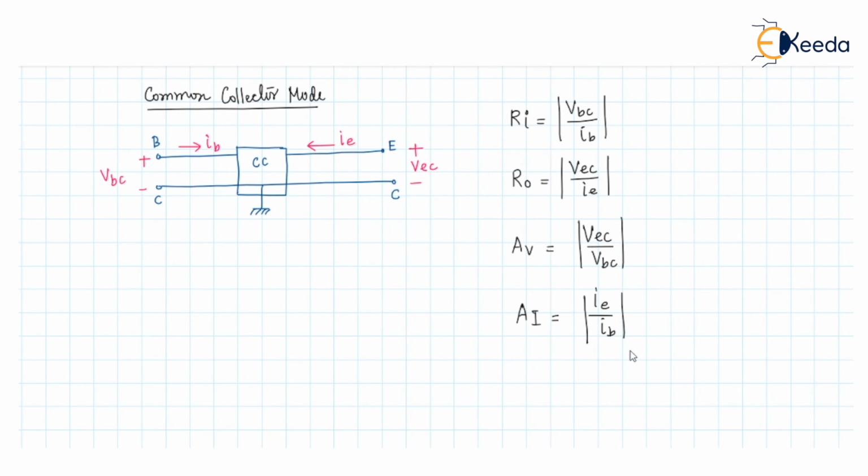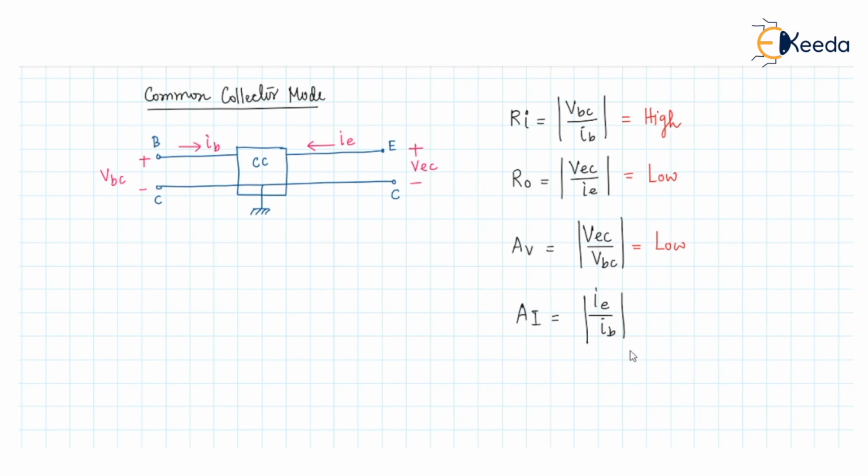So these are the four parameters that we can find, and in this case we find that Ri, the input resistance for a common collector mode, is very high, and the output resistance is very low, but the voltage gain has a very low value.